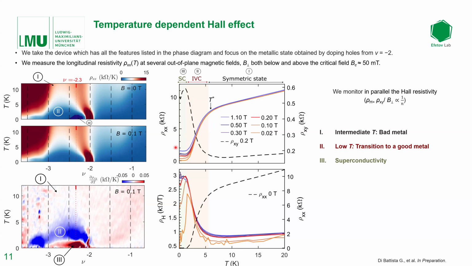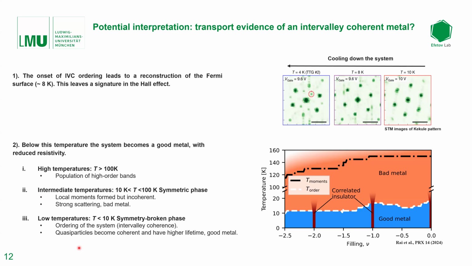Okay, and all of this is also seen here in this phase diagram where we look at the Hall effect that transitions over here. So to summarize, we believe that this type of IVC order is also seen in transport, where by pairing up temperature-dependent transport and Hall effect, we can work out these IVC orders setting in.